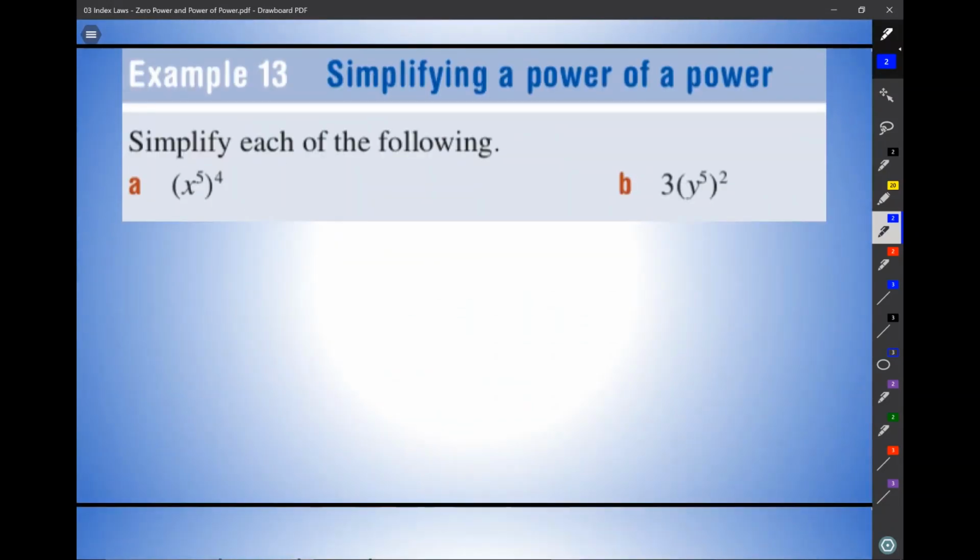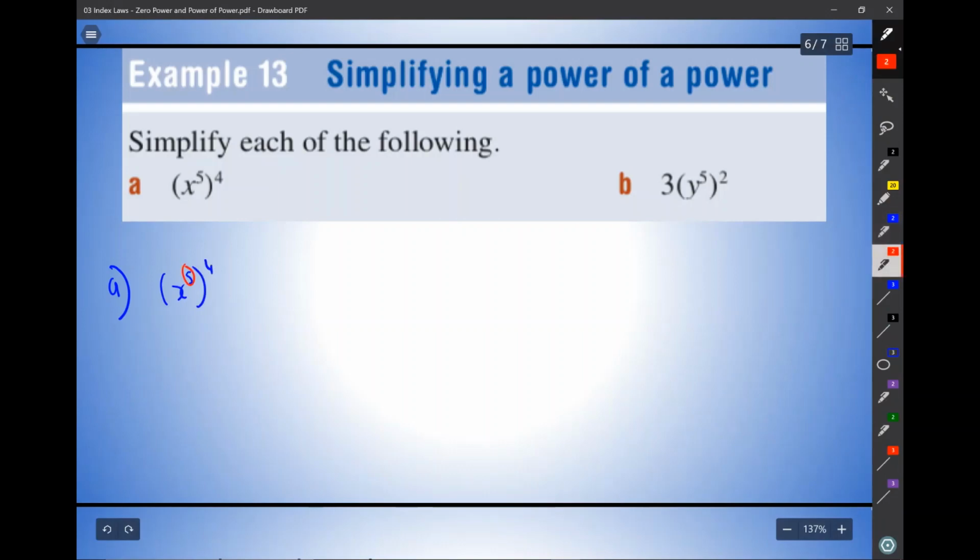Alright, now moving on to a power of a power. So what happens here is we take these two powers and we actually multiply them together. x to the power of 5 times 4, or x to the power of 20.